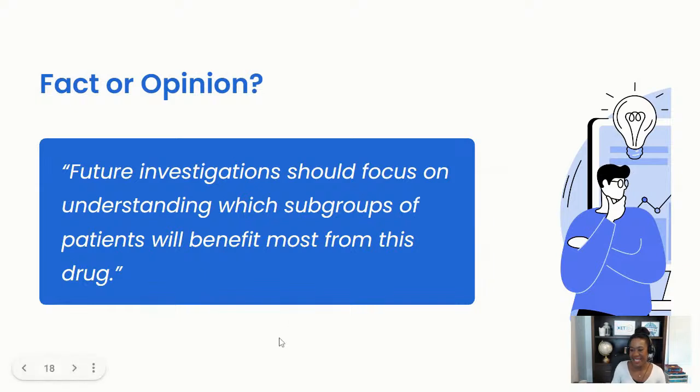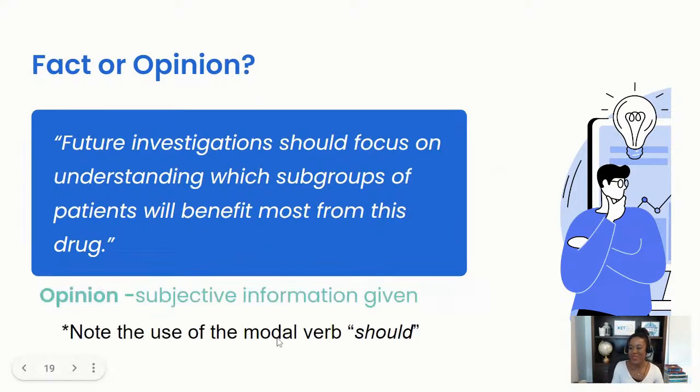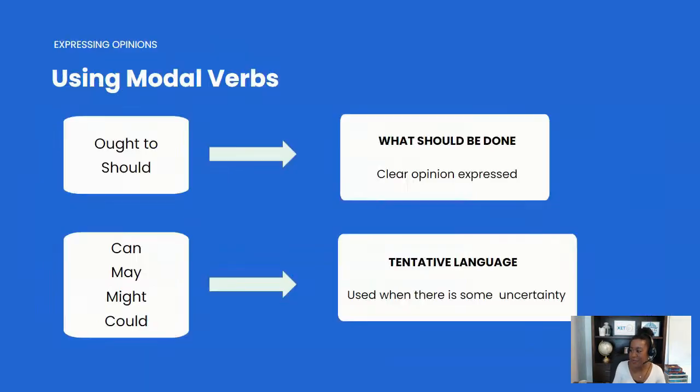Yeah, you're not having a problem with this at all. Excellent, fantastic. Yes, this is an opinion. It's the writer's opinion as to what should be done. And note that there's a modal verb in here, should. Often when opinions are being expressed, modal verbs are used. So that's something to bear in mind.